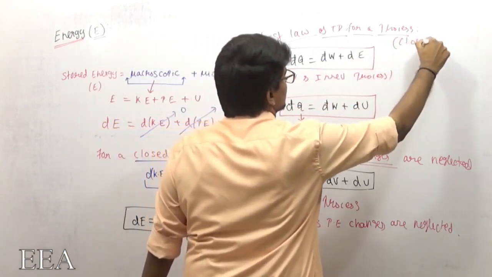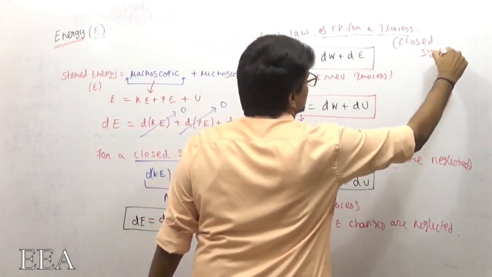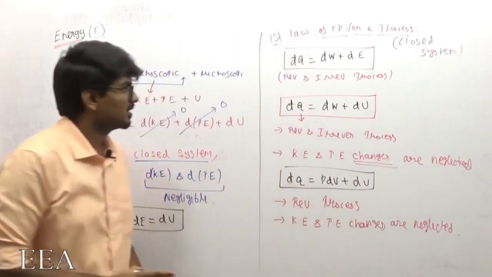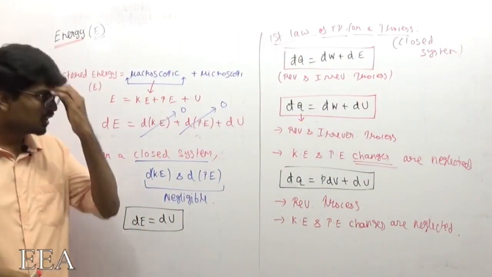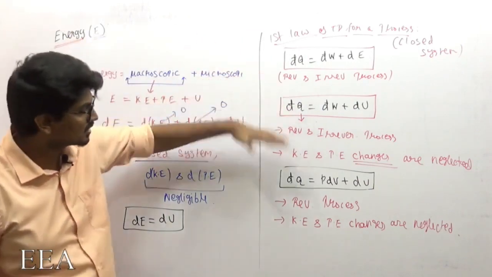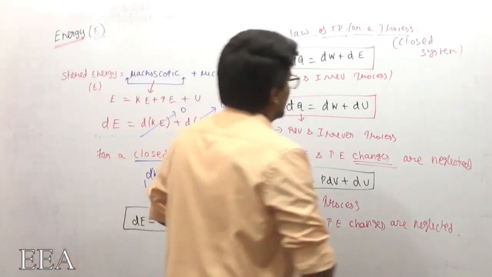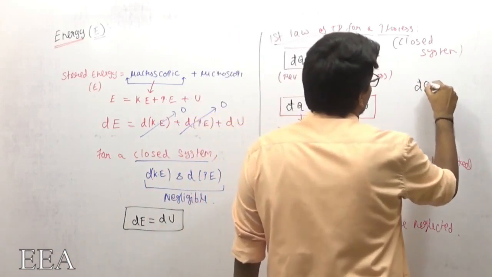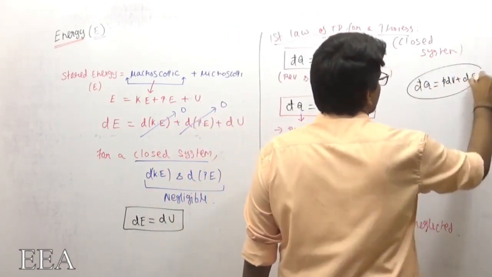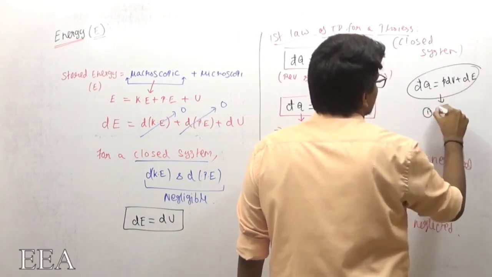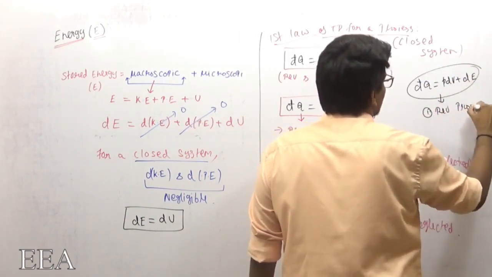Don't expect me to write closed system for each and every statement, because open system we will discuss separately, that is the steady flow and unsteady flow equations. So these are the three forms. Still, we can write one more form if you want, which I already gave. What are the assumptions here? Only one assumption: reversible process, and of course closed system.